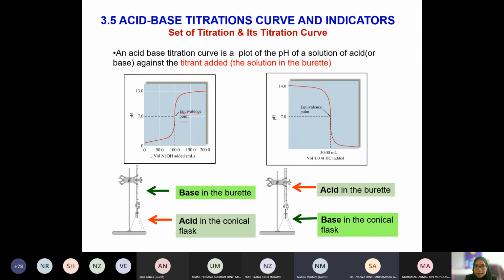Okay, all right. So like I said, it depends on whoever are placed on the burette, and then siapa yang kita place in the flask. Okay, right. So nampak tak? These two, dia punya starting point are different.